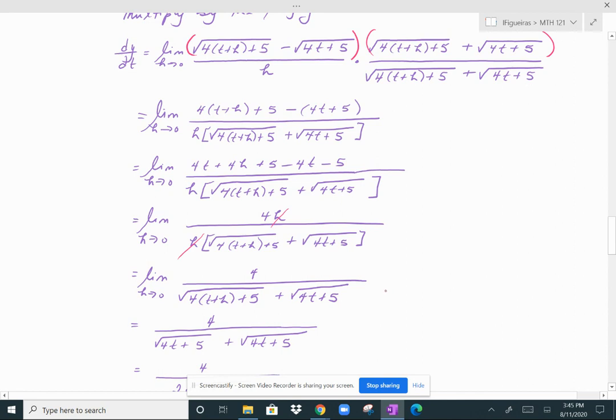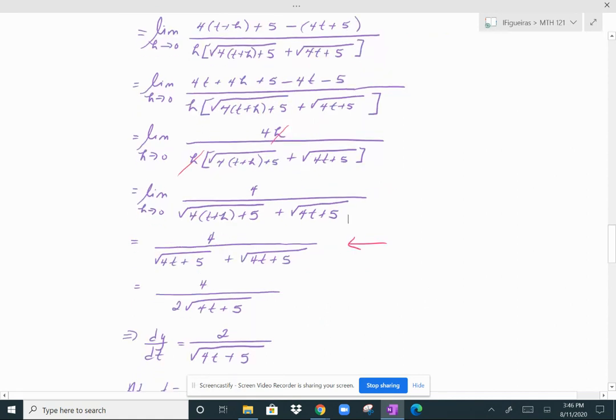So at this point, you can apply direct substitution, replace the h with 0, and you end up with the result on the next line, which is 4 over square root of 4t plus 5 plus square root 4t plus 5. Now you can add radicals as long as the inside part, or the radicand, is the same.